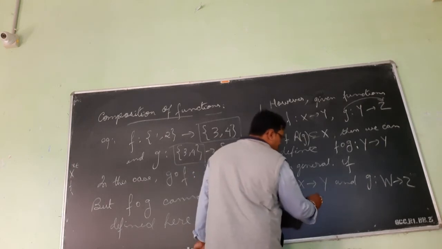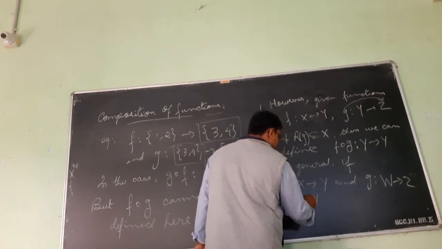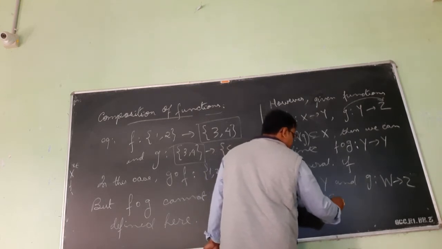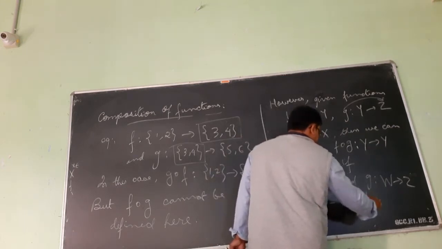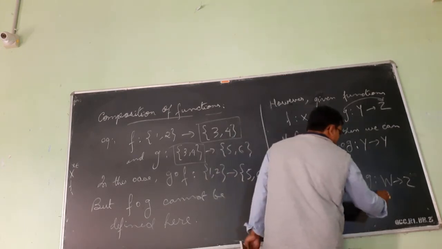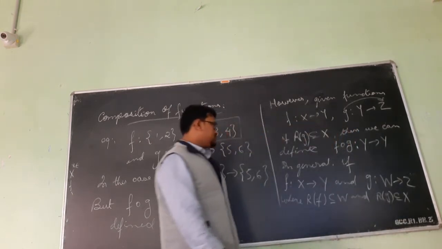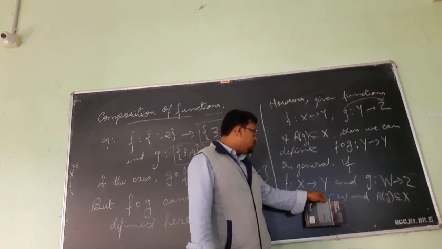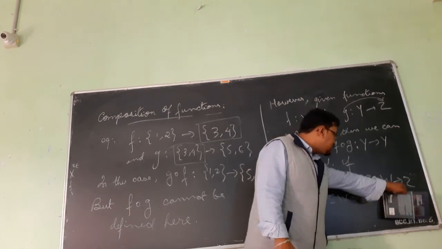So the range of f is a subset of w, and the range of g is a subset of x.